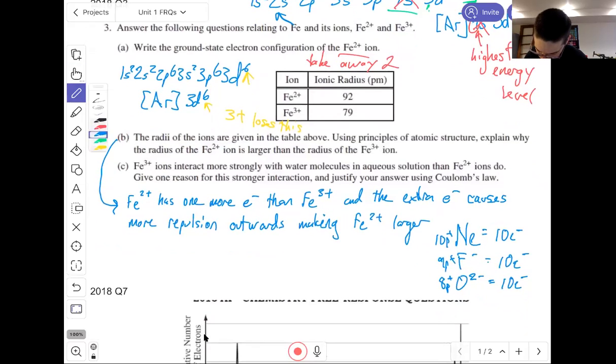All right, now let's talk about part C, which is about the difference between Fe3+ and Fe2+ attracting to water.